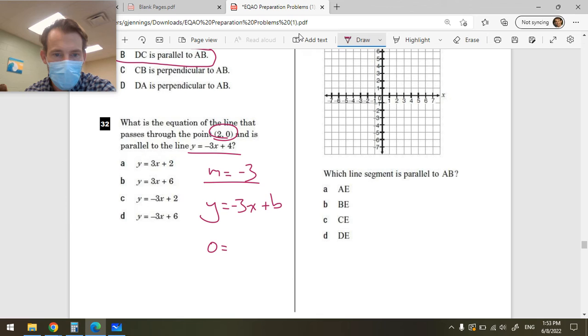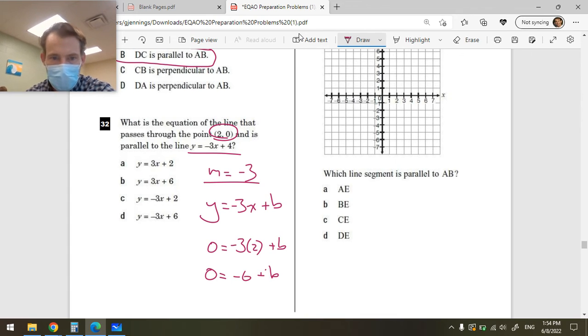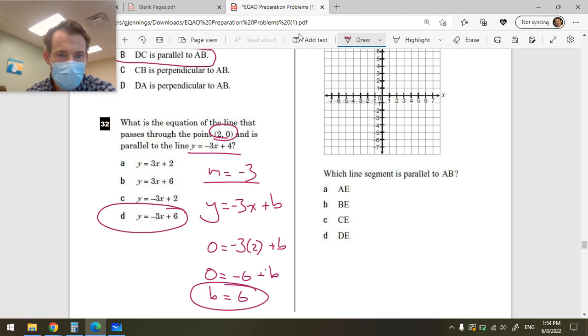When y is 0, x is 2. So 0 equals -3 times 2 plus b, which is -6 plus some number b. That tells us b is equal to 6. So it would be this line.